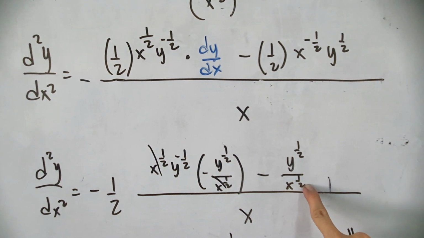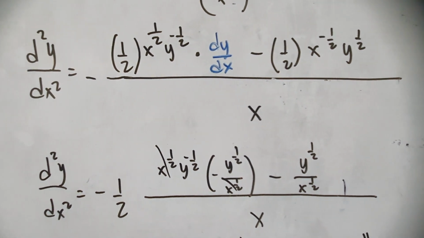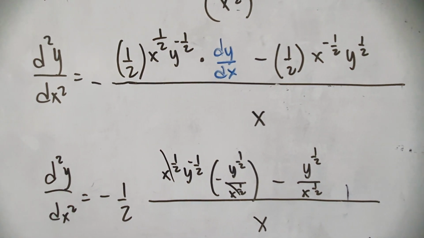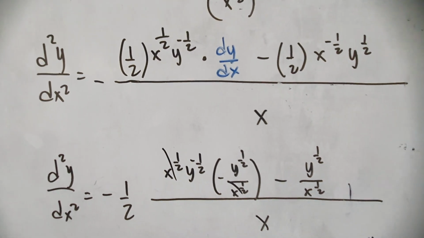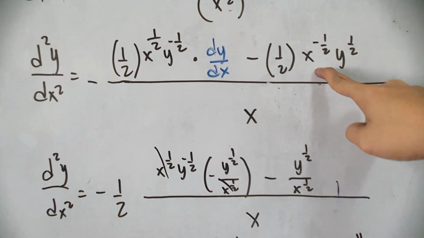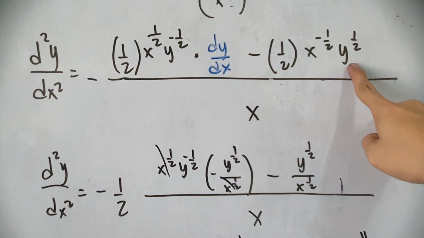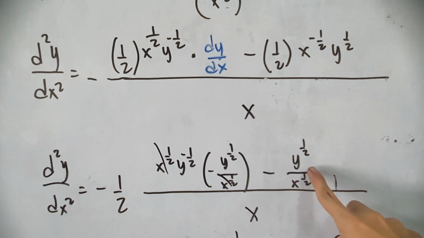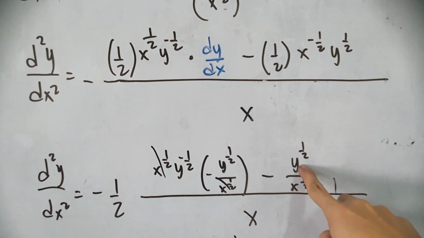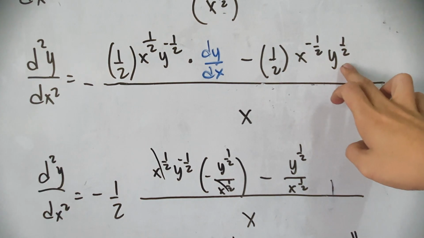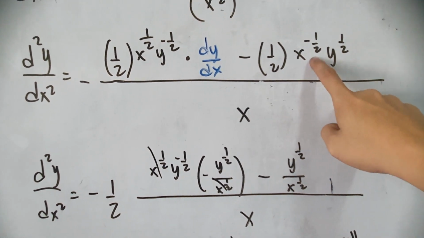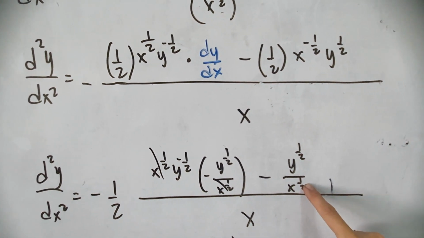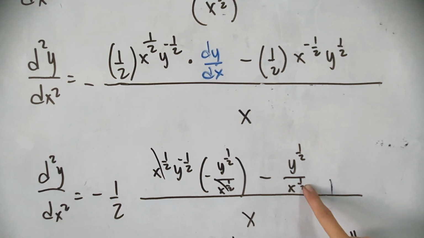Its exponent is negative, so we could find its reciprocal. So we could write it below y raised to the power of 1 half. Okay, so this is our y raised to the power of 1 half. This is positive, and this one is negative. So I have written this below y raised to the power of 1 half.